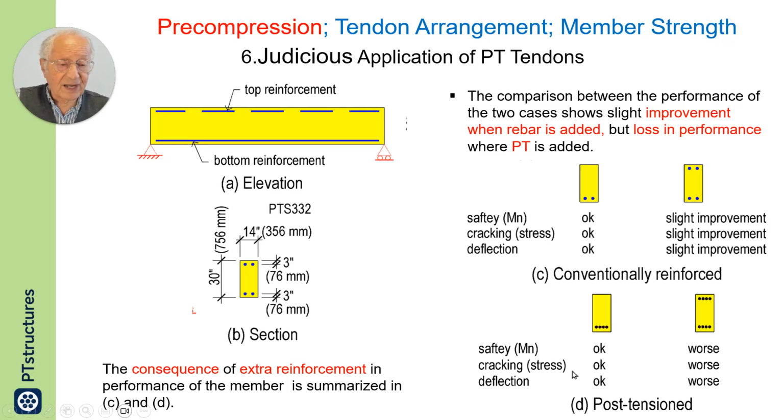When it comes to cracking, it is worse. It cracks sooner at the bottom because the strands at the top apply a moment which counteracts the member's capacity and is additive to the moment from self-weight, so it will result in earlier cracking.